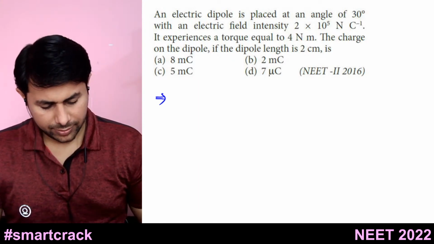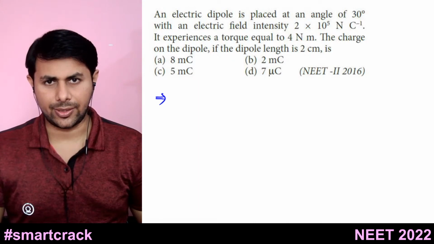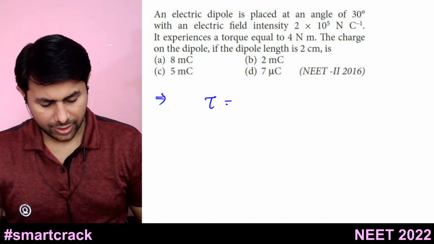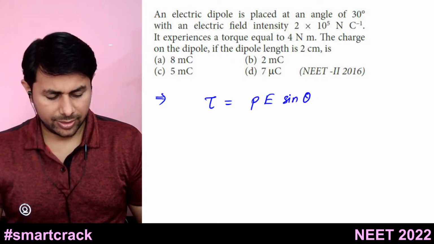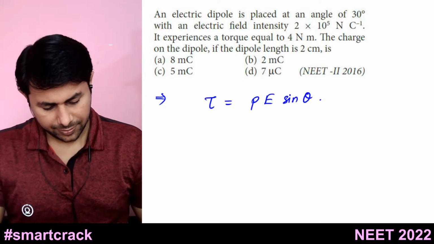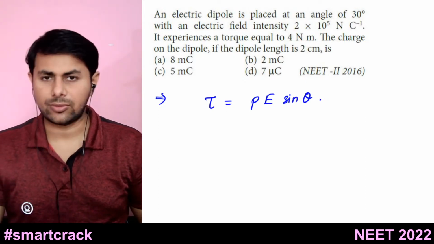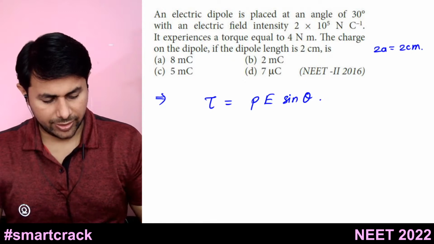If you keep a dipole in an electric field, what happens? It experiences a torque, and that torque is given by p into E into sine of theta, and p can be written as q into 2a, where 2a is the length of the dipole. So 2a equals 2 centimeters is given.